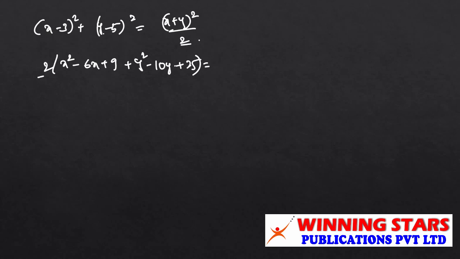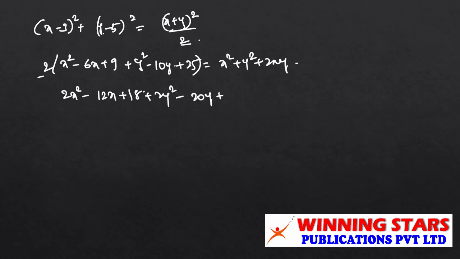This total will become x square plus y square plus 2xy. So this is 2x square minus 12x plus 18 and 2y square minus 20y plus 50 is equal to x square plus y square plus 2xy.